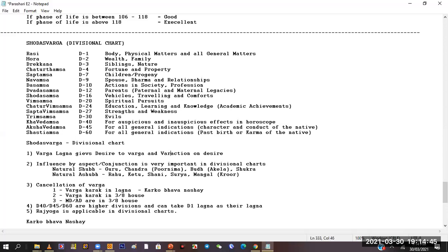And varga lagnesh will give action taken to complete the desire. Okay. Varga lagna gives desire for a varga.